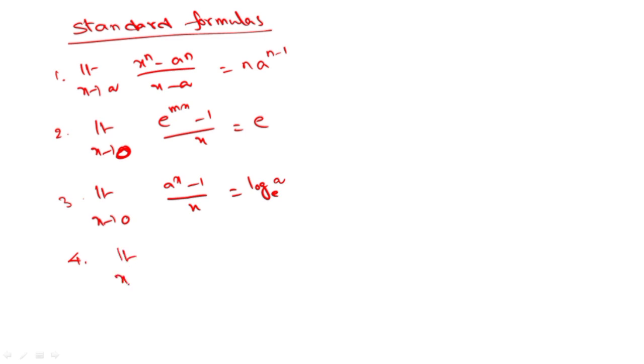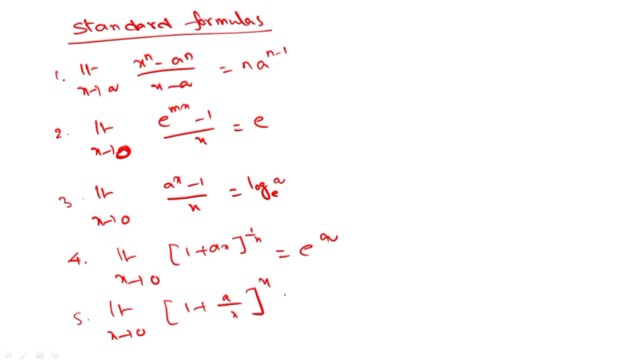Limit x tends to 0, 1 plus ax whole power 1 by x is e power a, or limit x tends to infinity, 1 plus a by x whole power x is e power a.